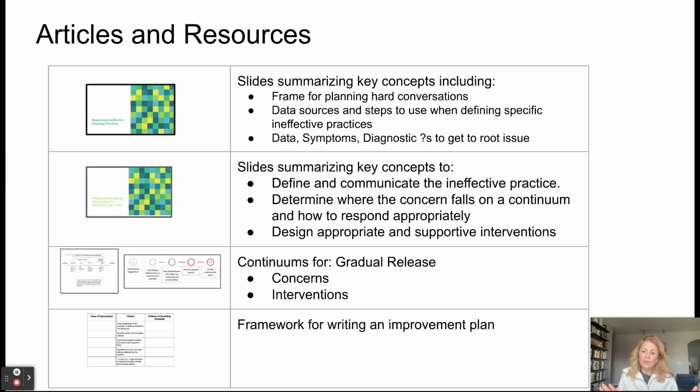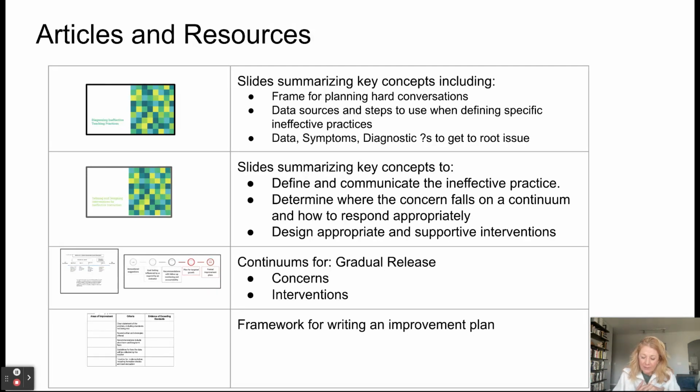So that's something that you do need to think about. Even with classroom environment, if you are having an entire school or an entire grade level that doesn't have routines and procedures in place, that is a professional learning issue. That's a school issue or need that you can address as a school, not with an individual. So I think that's an important diagnostic practice that's reinforced in that second slide deck.